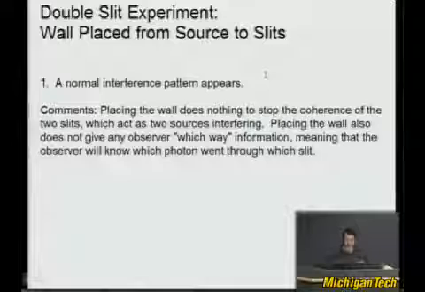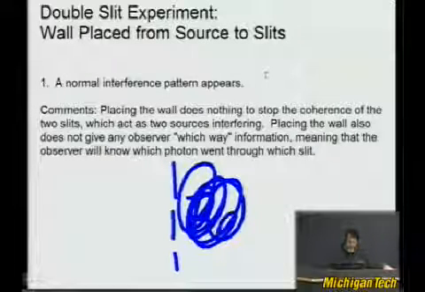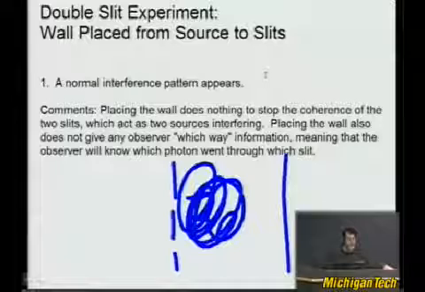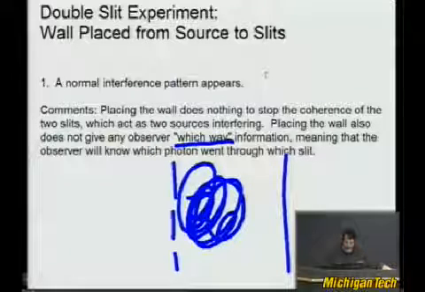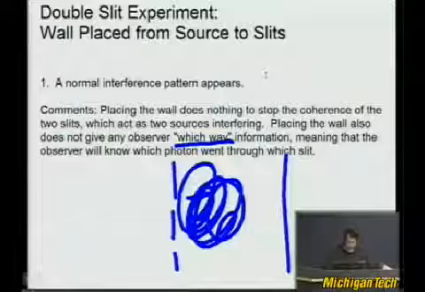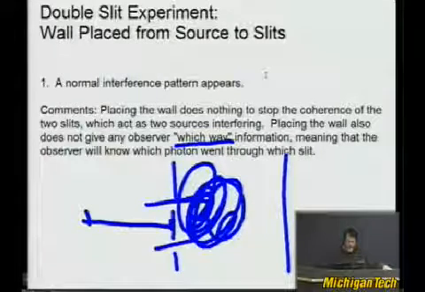You don't get any change. That's because on the far side, there's all kinds of room for these things to interfere between the slit screen and the image screen. One of the key things is which-way information. If you have this blocked here, it doesn't tell you which slit the photon went through.